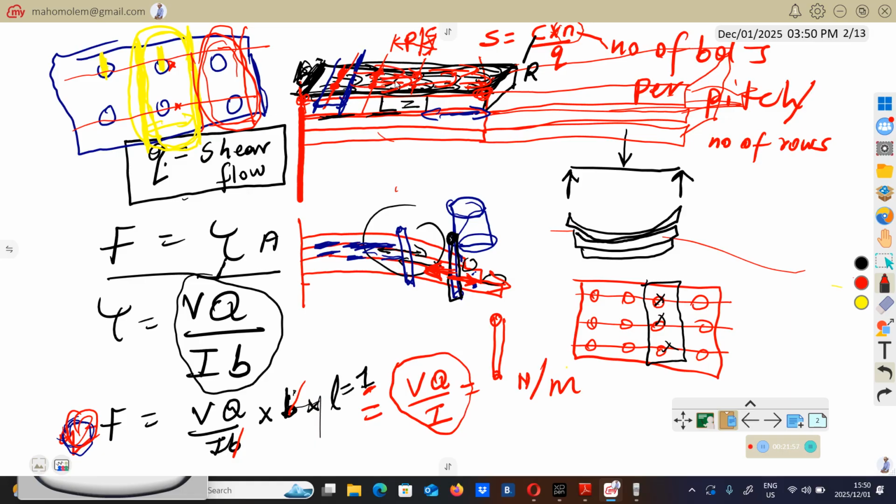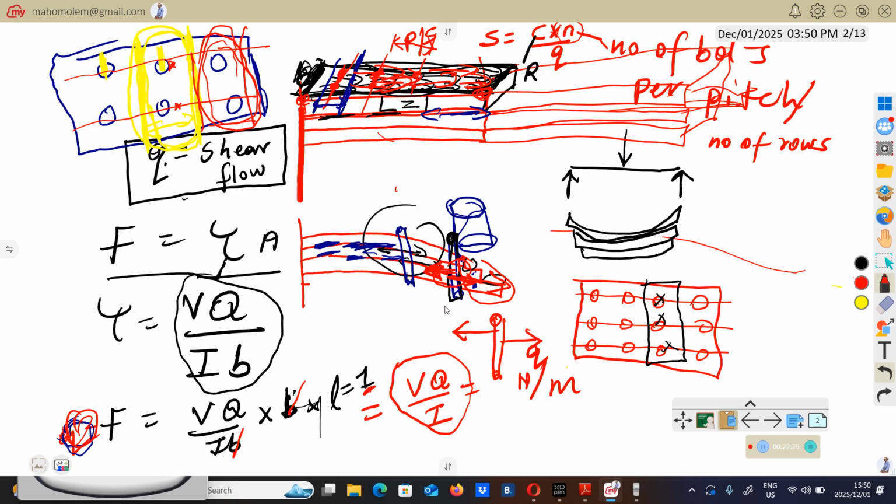So as this thing bends, there will be a force pushing in that way. So this force is going to be Q. Then to prevent this kind of step here, this bolt must react, must push in opposite direction with the same magnitude.